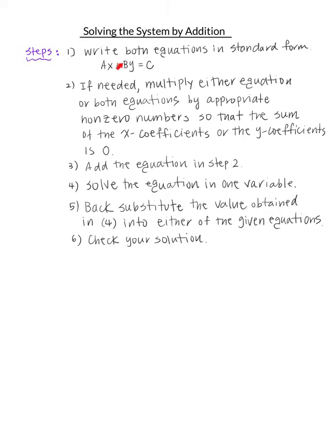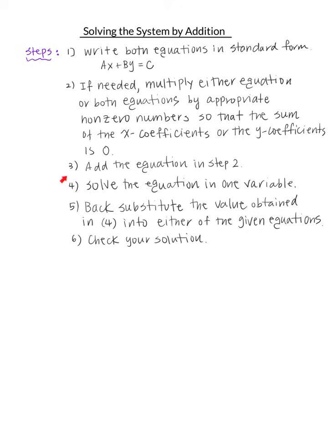So step 1, write both equations in standard form, which is ax plus by equals c. Number 2, if needed, multiply either equation or both equations by appropriate non-zero numbers so that the sum of the x coefficients or the y coefficients is 0. Oh boy.